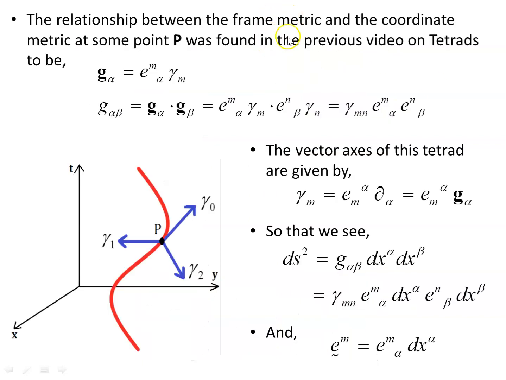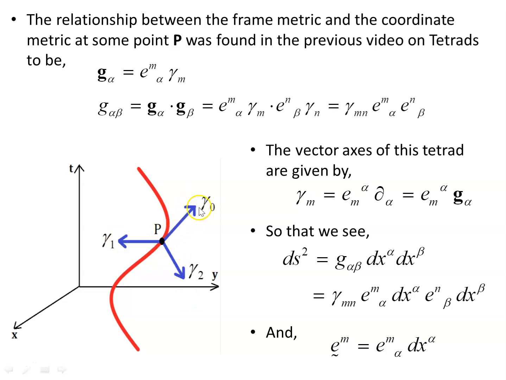Next bit. Now, the relationship between the frame metric and the coordinate metric at some point P was found in the previous video on tetrads to be this object here, G alpha, just using some notation in modern textbooks. Go to this object here, the gamma m, where each of the axes, unit vectors in the direction of each of the axes carried by the observer.